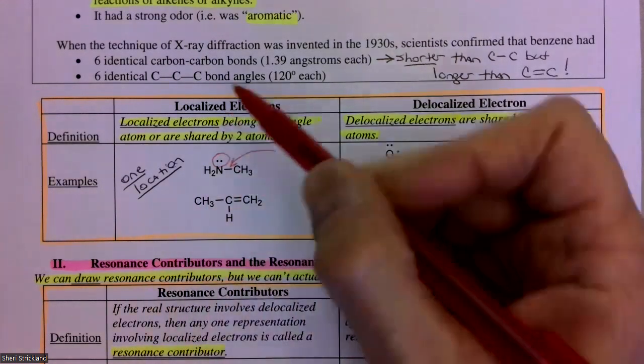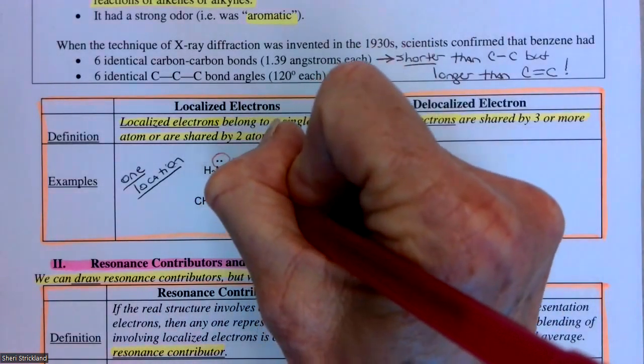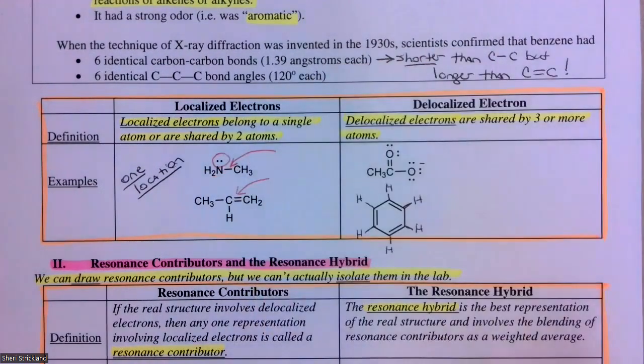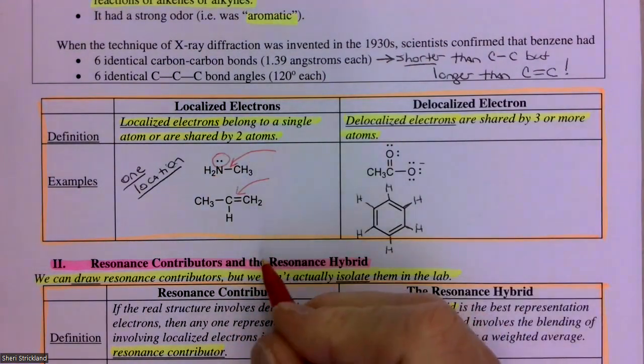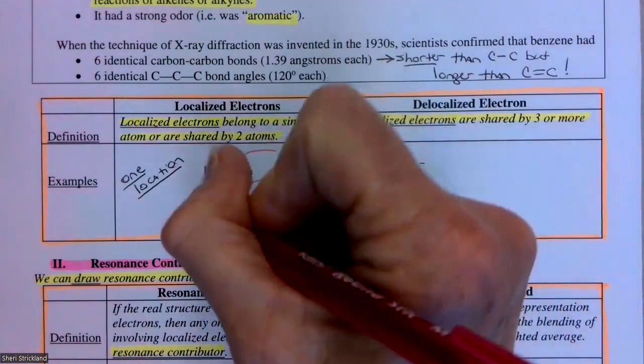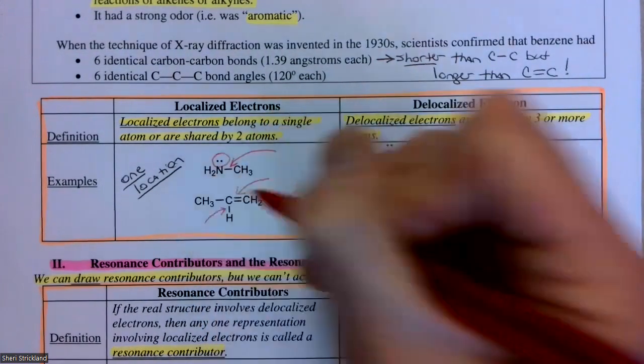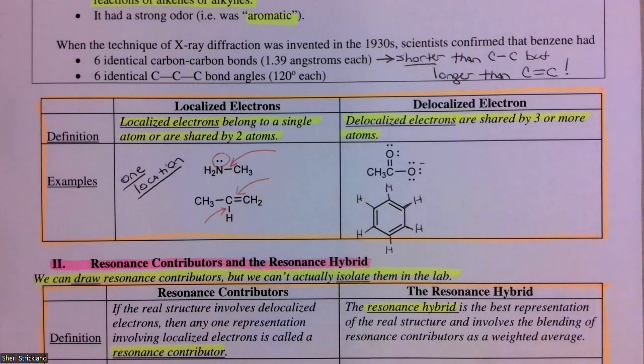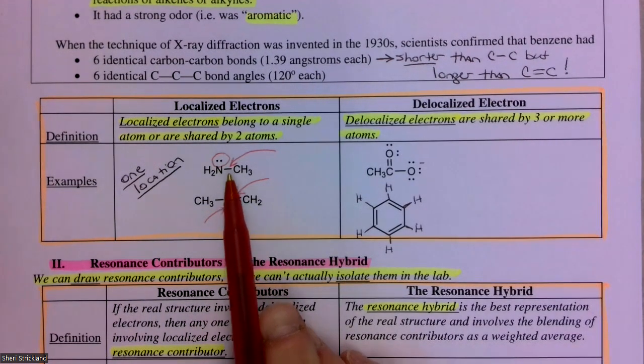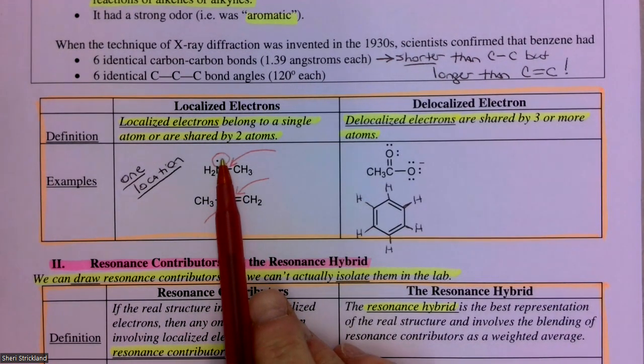If you've got a multiple bond, a pair of pi electrons is a localized set of electrons. A sigma bond, either between the two carbons or between the carbon and the hydrogen, is also a localized pair of electrons because each one is confined to one geographic location.